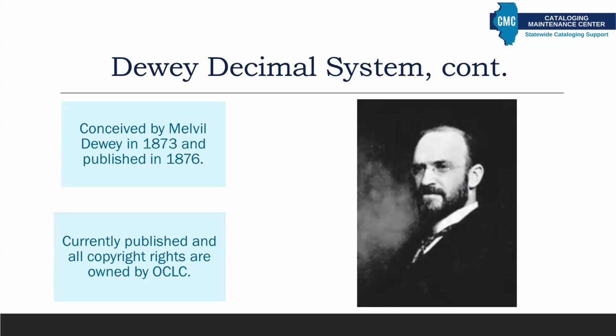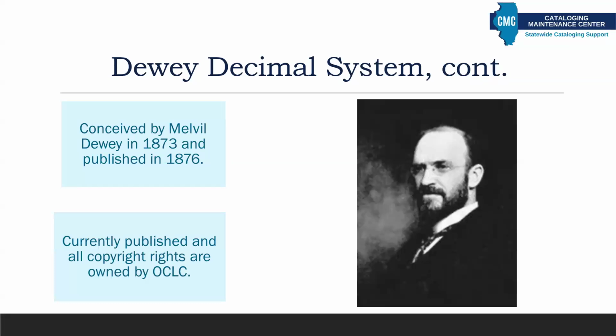We can glean some basic information about the Dewey Decimal System's history via OCLC. Quote, the Dewey Decimal Classification, DDC, system is a general knowledge organization tool that is continuously revised to keep pace with knowledge. The system was conceived by Melville Dewey in 1873 and first published in 1876.